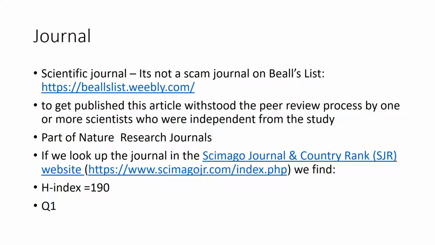Right at the bottom in the middle, you can also see that this journal is a Q1 journal. This means it's in the top quartile or top 25% of journals. So we can conclude that generally this journal seems to be of a very high quality and that it gives you some confidence about the article. So let's go back to the article now.